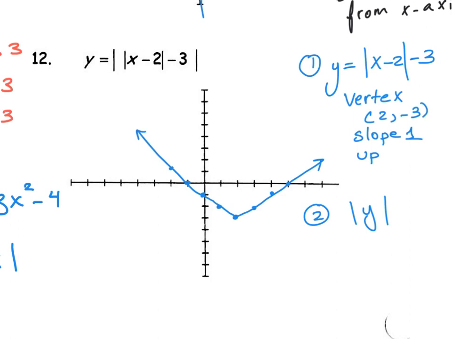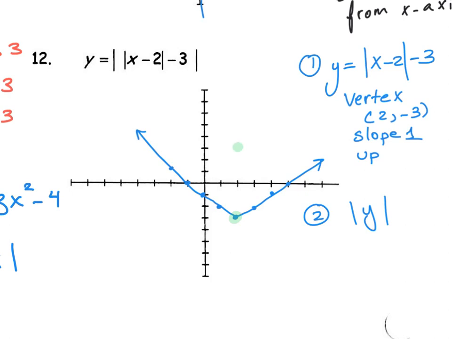Okay, so now let's take care of the y. Now, if the absolute value is around the whole function, that means I bounce up from the x-axis. So what I'm going to do is reflect, first of all, my vertex. So this is my vertex. It's 2, -3, so I'm going to reflect it to be 2, 3.